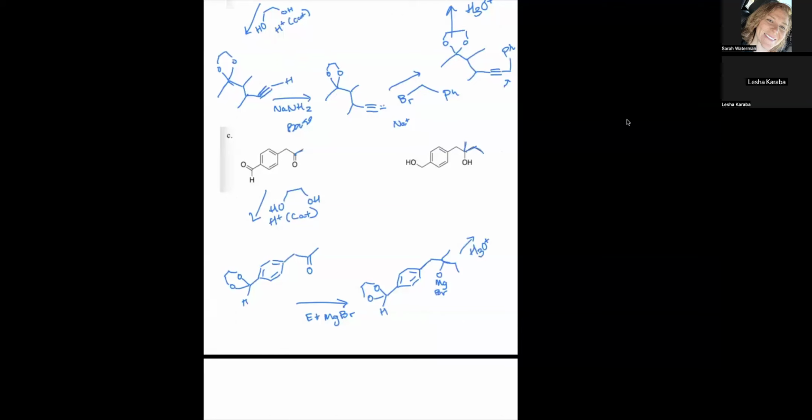Basically with our acid workup step, what we're doing is getting rid of our protecting group and getting rid of our Grignard. So then what we end up with is our ketone back.